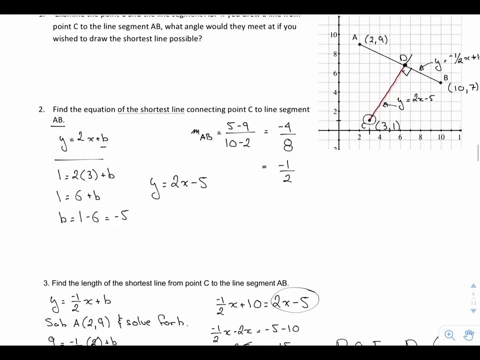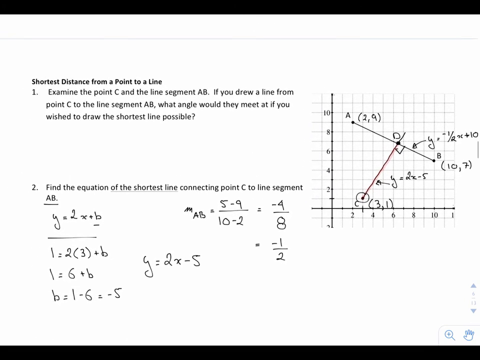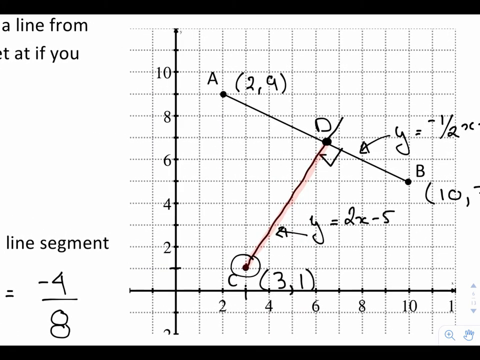Let's put that on our diagram just so we know what's going on. So (6, 7) is this point right here, my D value. And again, my diagram is a bit off. This should have been over here, but that's okay.